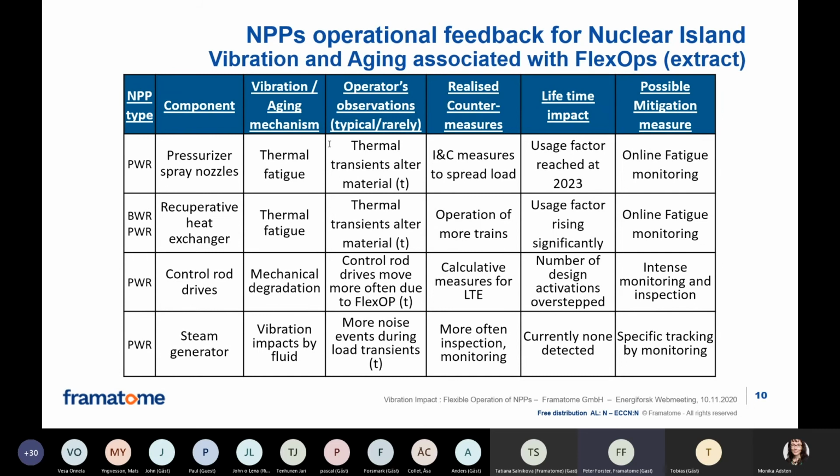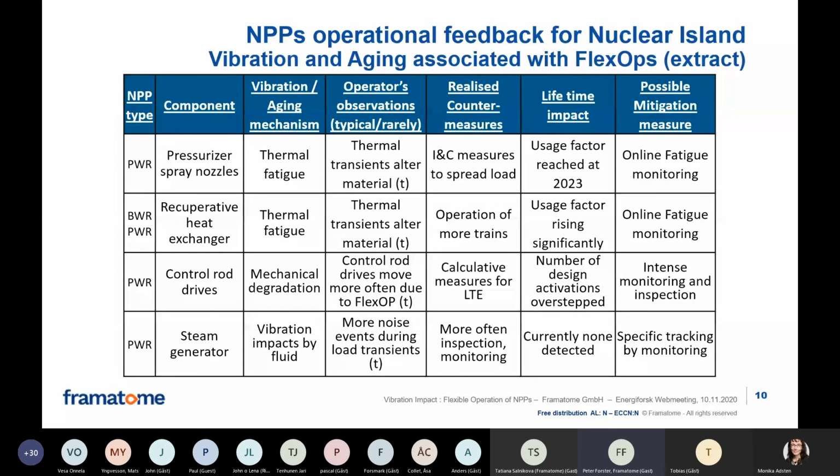The impact on lifetime is that the number of design activations has already been overstepped in some plants. It's typically 10 to the 6 activations, but with more intense monitoring and inspections, they can run these control drives further.